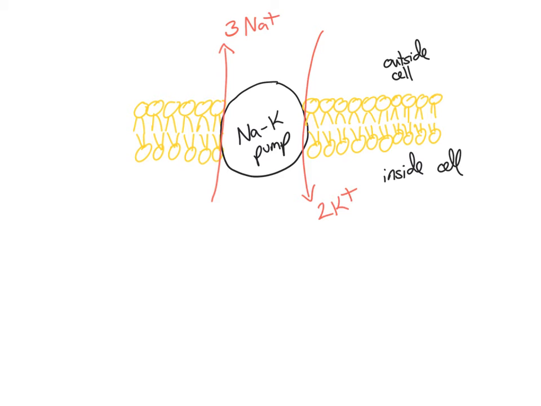Now, normally, to prevent a buildup of potassium ions on the inside of this cell, there would be some kind of channel proteins in the cell surface membrane where, as the potassium ions are pulled in by the sodium-potassium pump, some of them will then diffuse down their concentration gradient to move out of the cell.